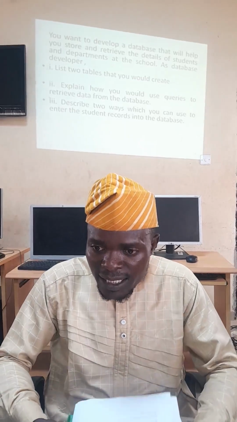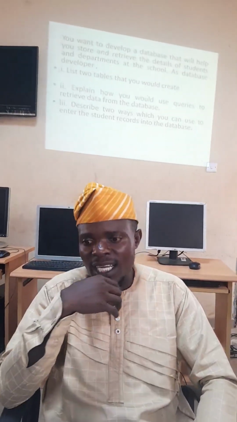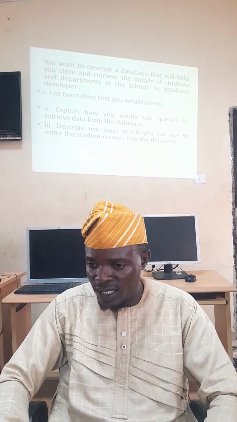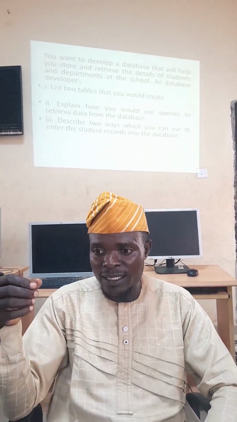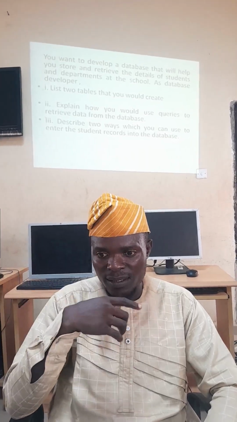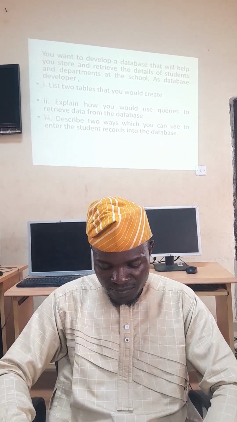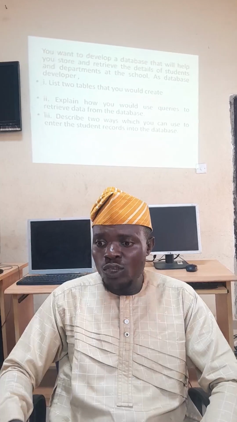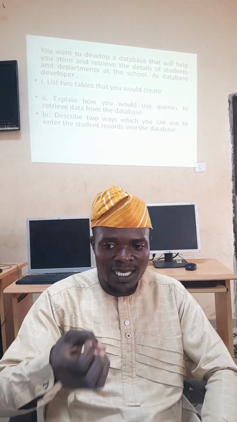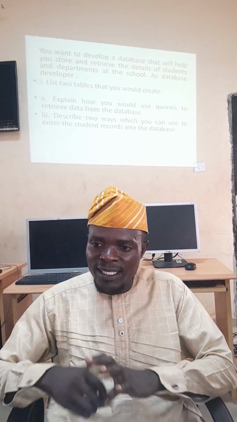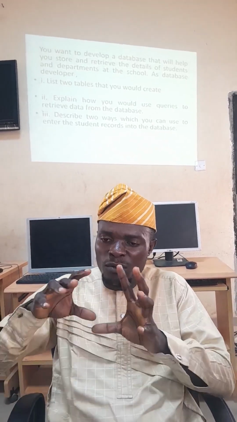The next question is: explain how you will use a query to retrieve data from the database. How can you use a query to retrieve data from the database? When you query a database, you are requesting information from it. Take for instance, we have a student table with information about students.